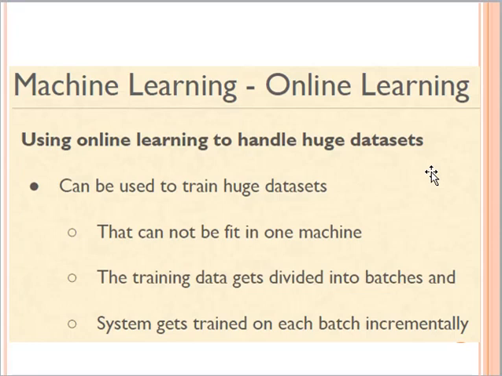You can have multiple machines, and you can divide your data set into multiple batches, and you can do the training on multiple machines as well, because it is a possibility that your training might not be able to perform on a single machine. So the system gets trained on each batch incrementally in that case.